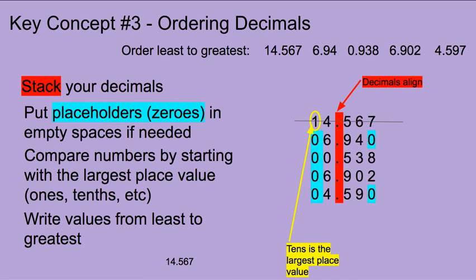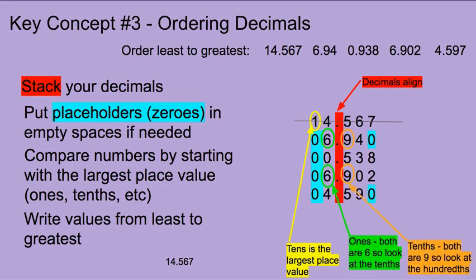And then my next one, since these are all zeros, I know I have to go to my ones place. So I'm going to look, okay, I have 6, 0, 6, and 4. So I'm going to look at my 2 sixes, and they are both the same. So I can't tell which one is bigger yet. So then I have to go to the tenths place. So I'm going to circle my 9s.